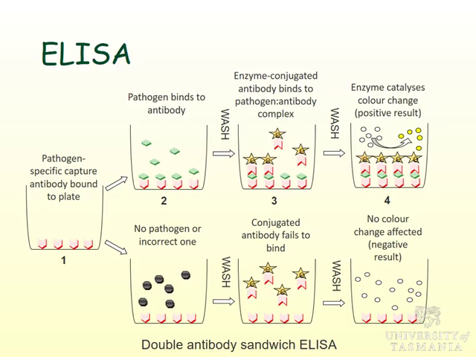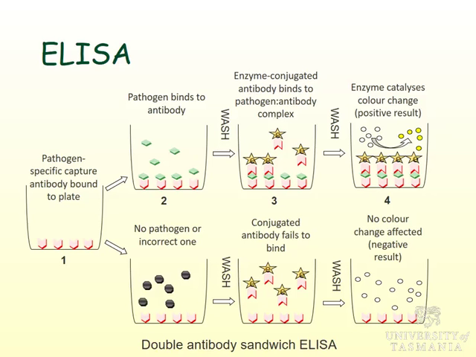We then grind up our leaf samples in an appropriate buffer, and we add it to the well with the antibody there. If the virus is present, cucumber mosaic virus, it'll bind to the antibody and get stuck there. If it's not present, or if it's a different virus, like turnip mosaic virus, it won't bind to that antibody because it doesn't recognise it.